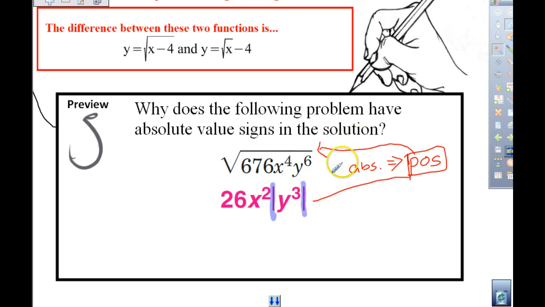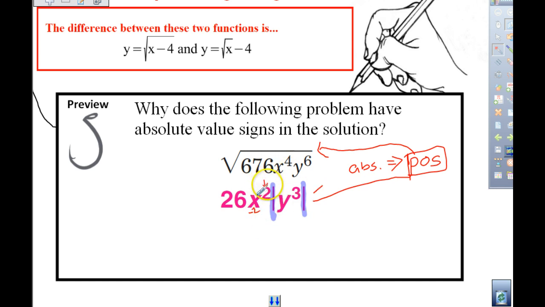Now the second question, how come it's not on the x squared? Right, so if x equals -2, well, -2 times -2 is +4. If x is anything negative, it's going to be squared, and it's going to be positive. So I don't need to put absolute value, because it's an even exponent, I already know it's going to be positive.